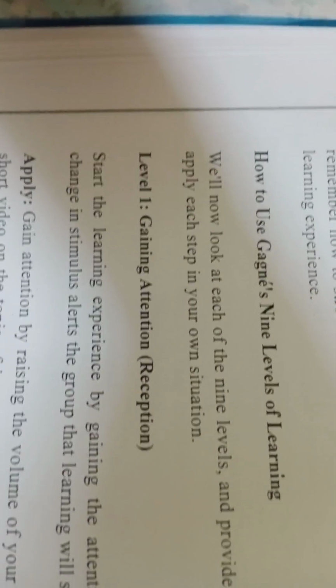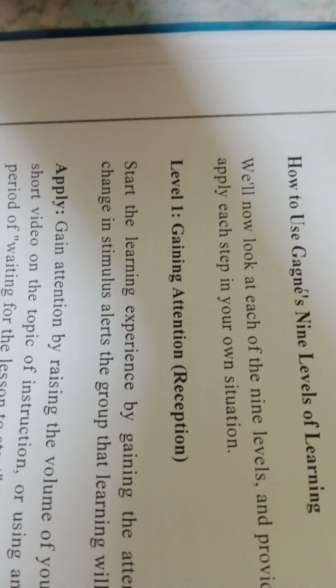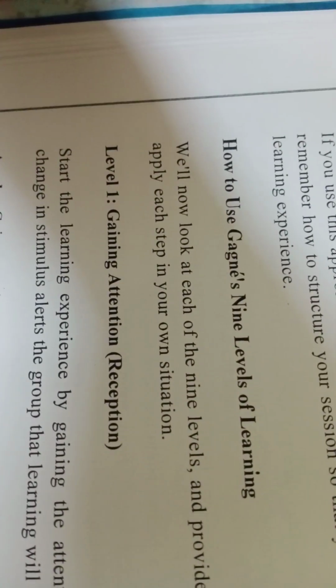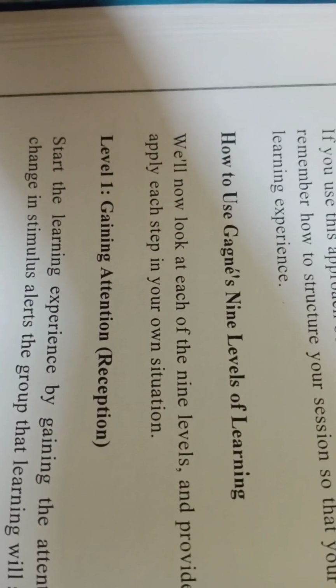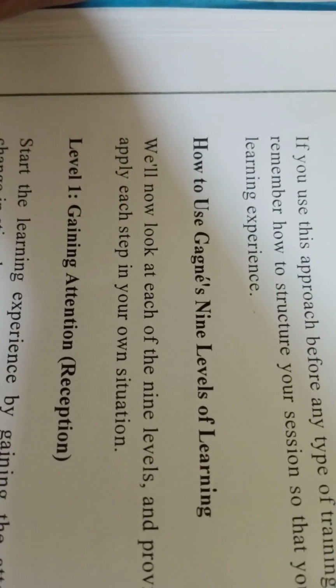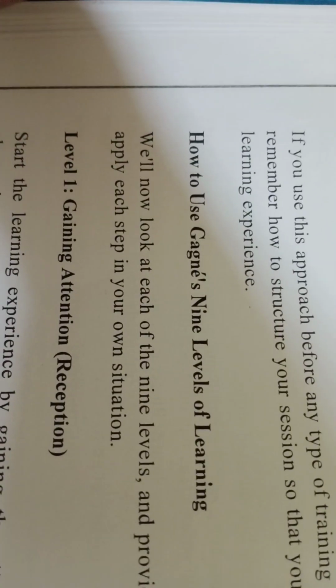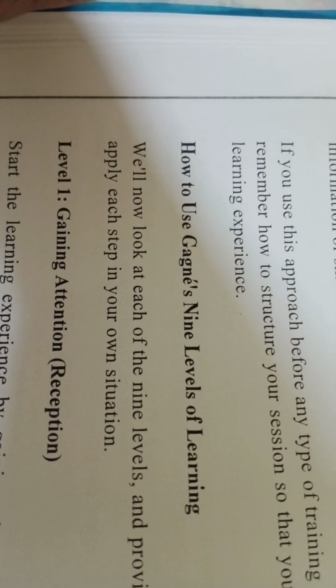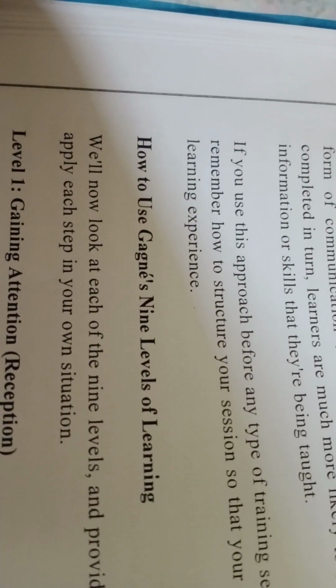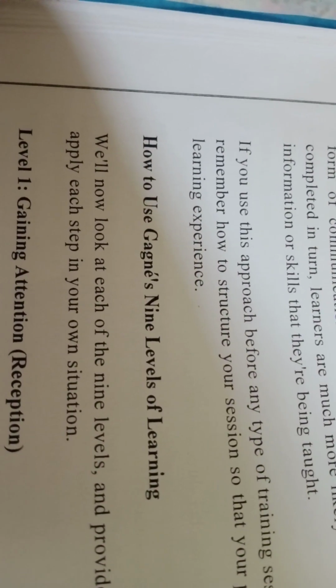This change in stimulus alerts the group that learning will soon take place. Apply: gain attention by raising the volume of your voice, gesturing, showing a short video on the topic of instruction, or using any other event that brings the period of waiting for the lesson to start to an end.